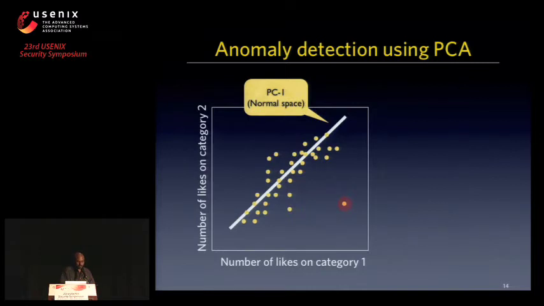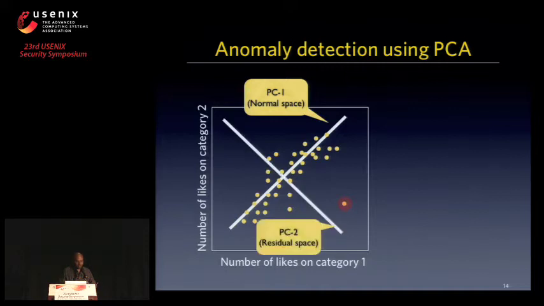In this case, it will point along this direction, and you will notice that it immediately captures the normal patterns in the data. The second principal component will be orthogonal to it, and it will point in the direction that deviates from this normal behavior. We call that the residual space, and the first one the normal space. In practice, these 2 spaces can include multiple principal components.